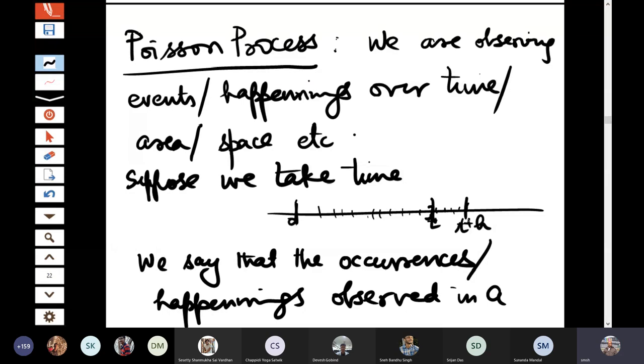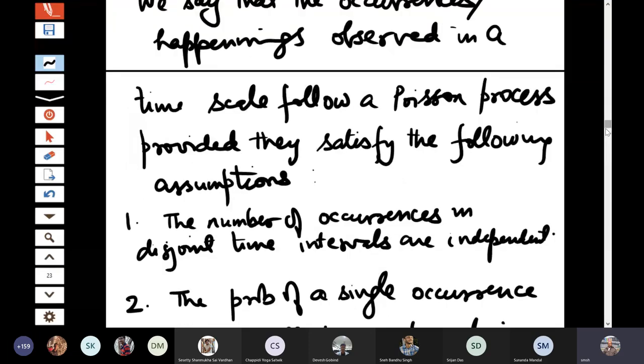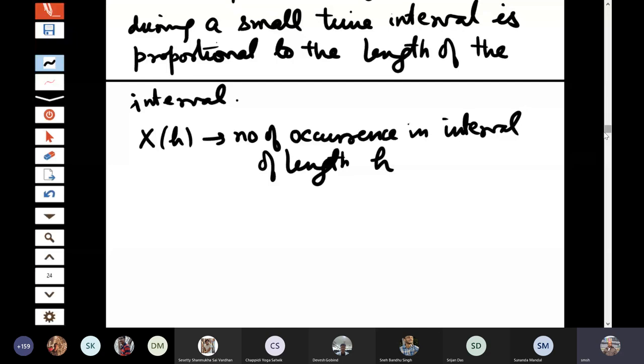Usually in mathematical notation, we take delta t or h for using a limit like h tending to 0. So in this interval, what is the probability that one event will occur? I call it probability of X_h equal to 1. Then that is proportional to the length of the interval. The proportionality constant we can assume, say lambda. So lambda h. I'll give another notation here.